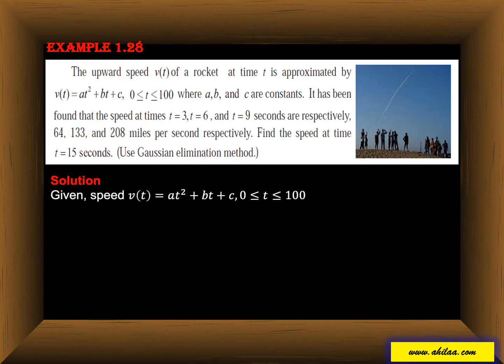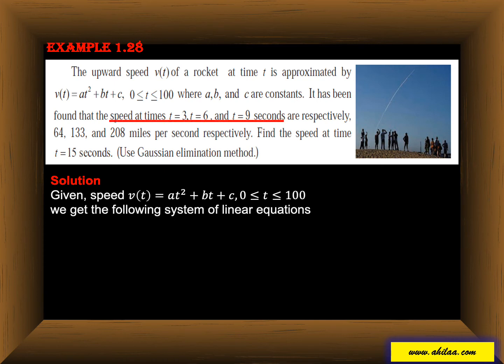Now given the speed in terms of a function, that is v of t equal to at square plus bt plus c, where t ranges from 0 to 100. We get the following system of linear equations from the clue that when time t equal to 3, 6 and 9, we are getting the speed as 64, 133 and 208 respectively.